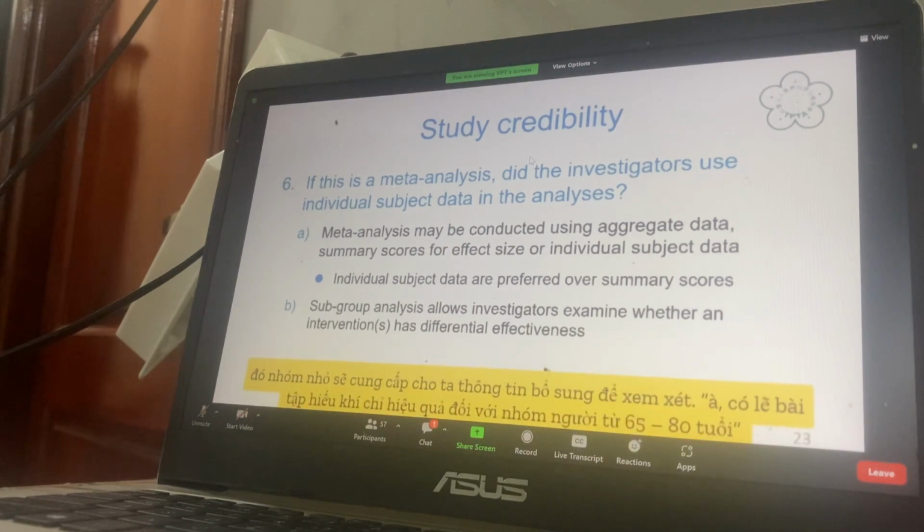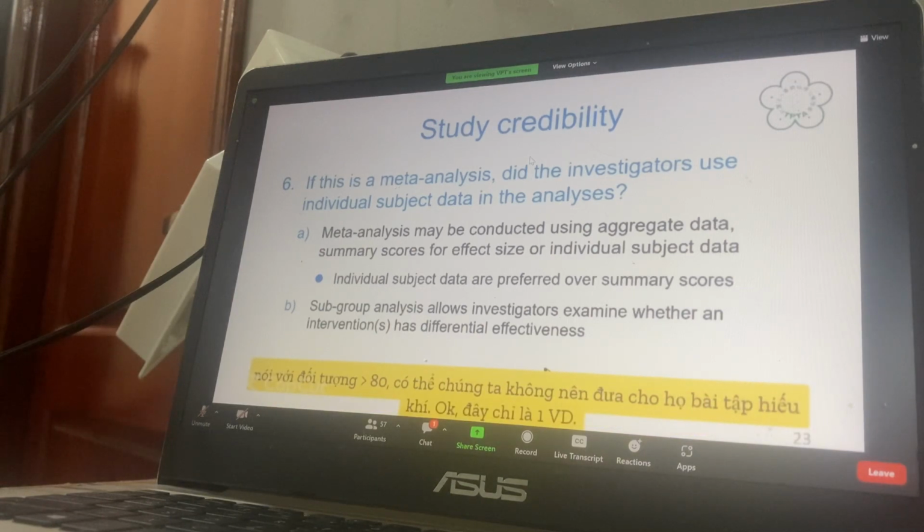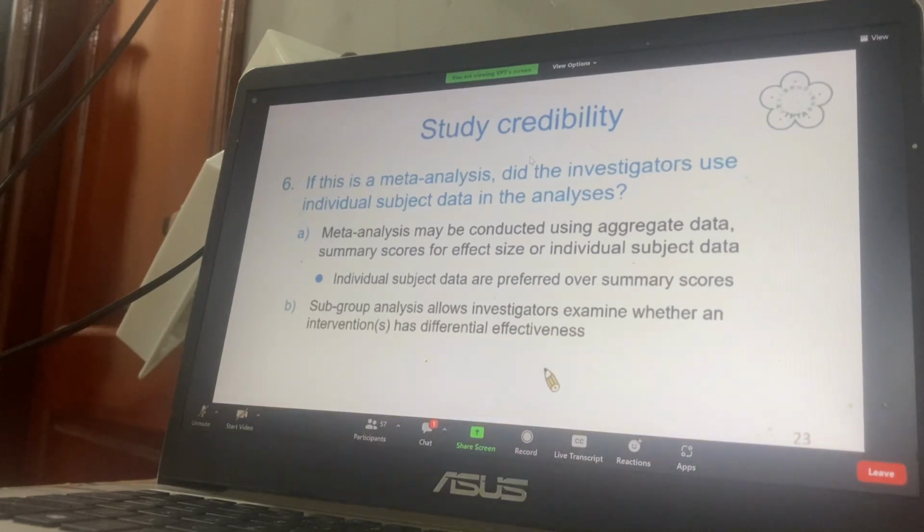And then subgroup analysis may provide us additional information, saying maybe aerobic exercise is only effective for elderly between 65 and 80, while it is not as effective for those greater than 80. That will become a very important clinical practice guideline, telling us that for those over 80, we probably shouldn't give them aerobic exercise. Okay, this is just an example, but that's what a meta-analysis can do, and that's why subgroup analysis could be important.